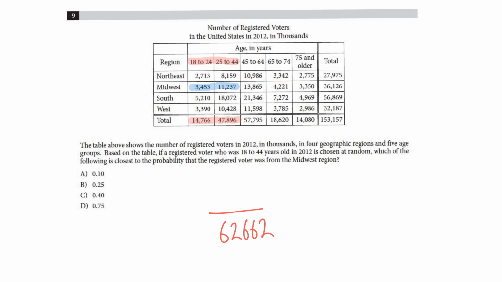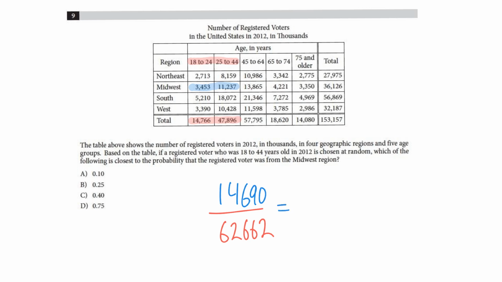Well, that's going to be 3,453 plus 11,237. It's going to be 14,690.